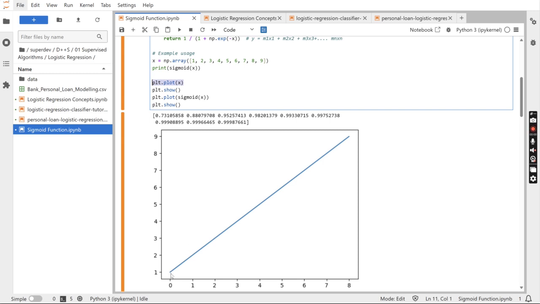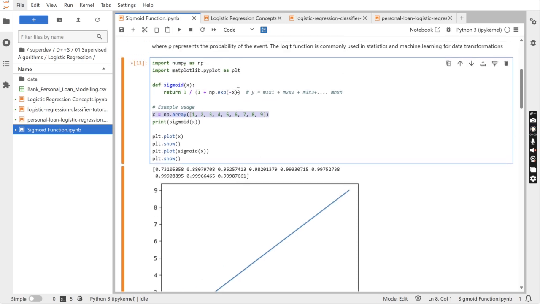See, it goes from 0 up until the 9th point here. The x value is at 0, the y value is at 1, the x value is at 1, the y value is at 2. So it starts at 0 on the x axis, but on the y axis it starts at 1. So you will get a straight line.